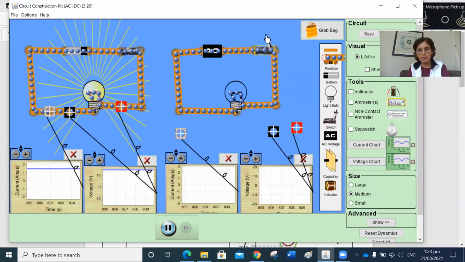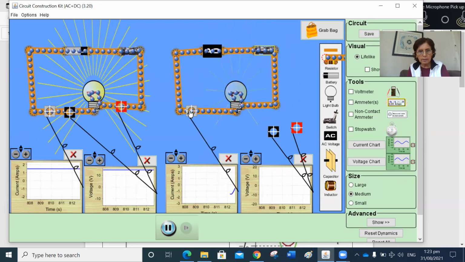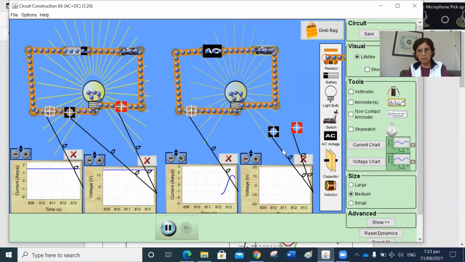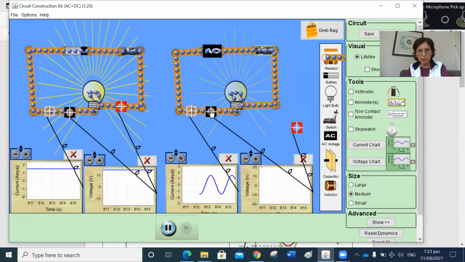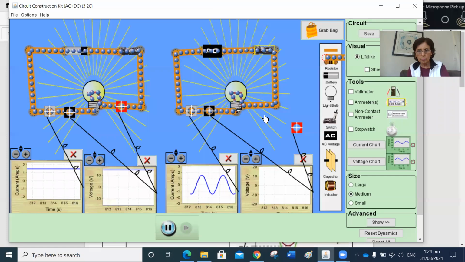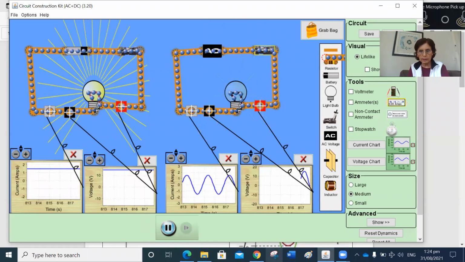Let's see what happens in this one. Okay, so now we will have this current time graph over here and then voltage time graph over here. Okay.